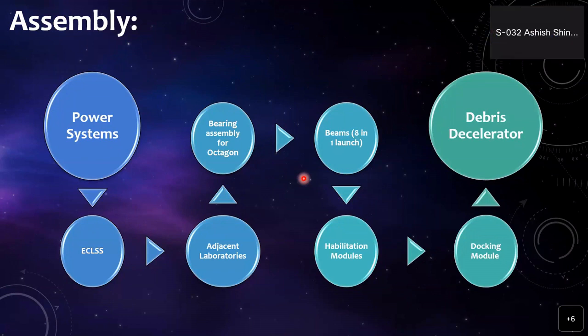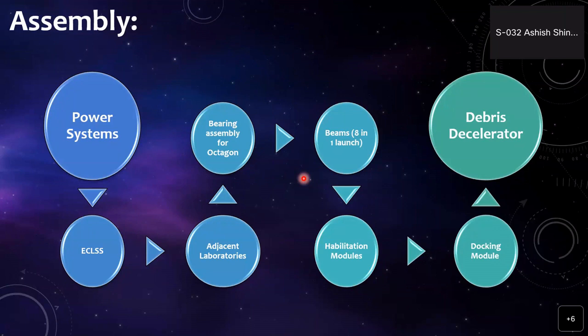So the next slide is about the assembly of the space station, that is, how the space station stands in orbit. The very first step is to send the power system, which was explained by Rahul.